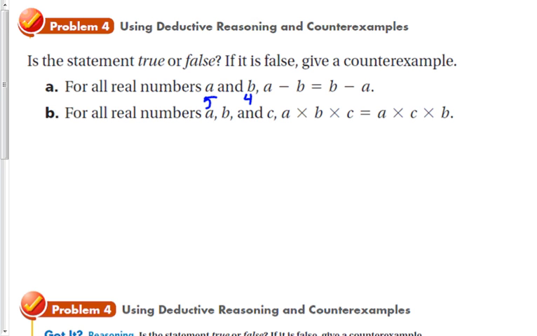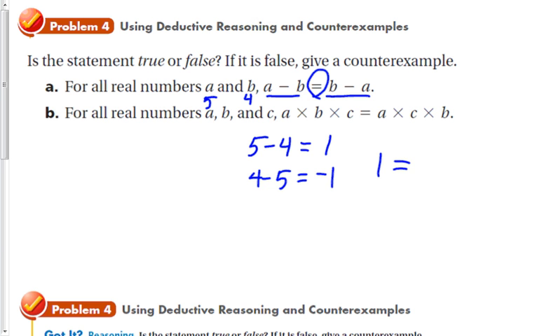And so we're going to do this, 5 minus 4, and that's equal to 1. Then we're going to switch them around and do 4 minus 5, and that's equal to -1. And right now, we know that that's not true because 1 is not equal to -1. So we're going to say that's false, and our counterexample is right there.